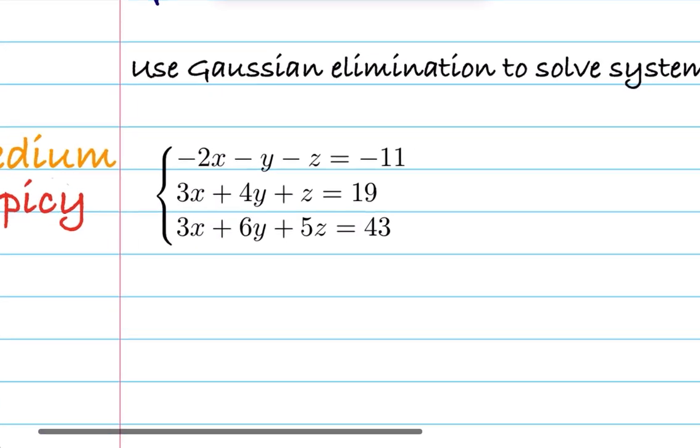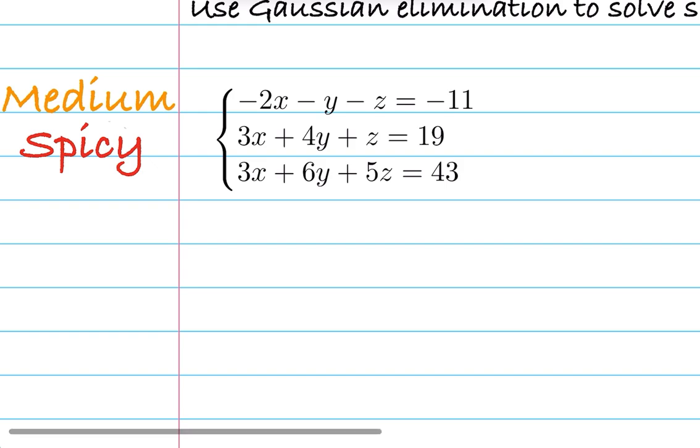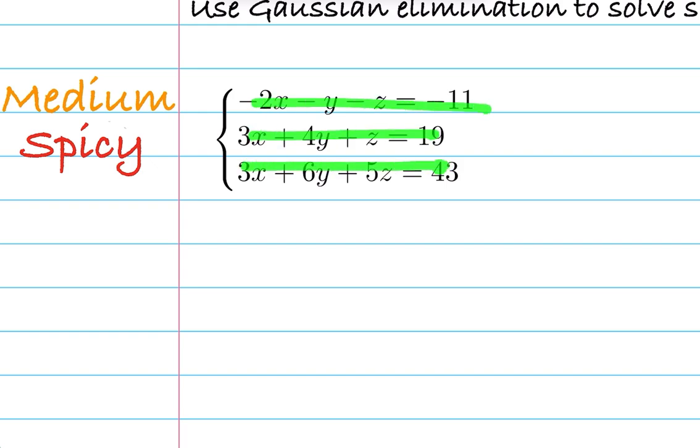The first thing that we're going to do, notice we have three equations, three different variables. What we're going to do is we are going to convert this system to a matrix, to an augmented matrix. Okay, so the way we're going to do that is we are just going to take the coefficients of each. So we're going to have a column of x's, a column of y's, a column of z's, and a column of answers.